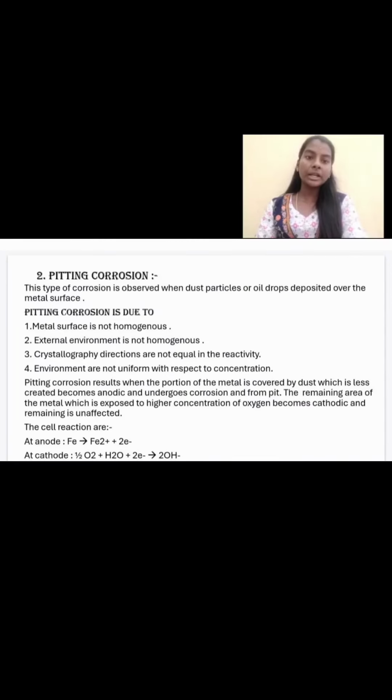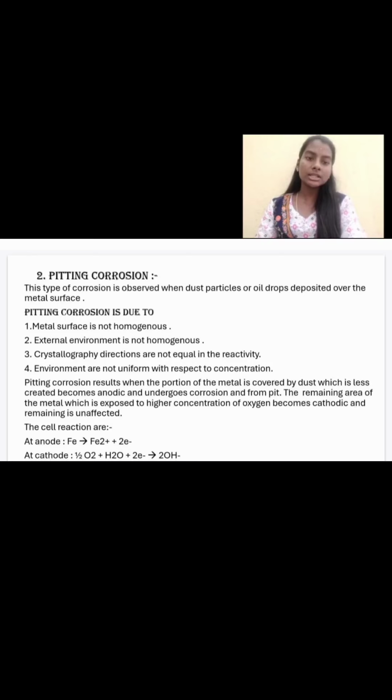Second, pitting corrosion. This type of corrosion is observed when dust particles or oil drops deposit over the metal surface. Pitting corrosion occurs because the metal surface is not homogeneous, the external environment is not homogeneous, crystallographic directions are not equal in reactivity, and the environment is not uniform with respect to concentration.